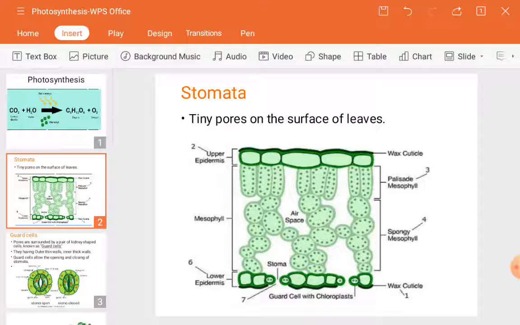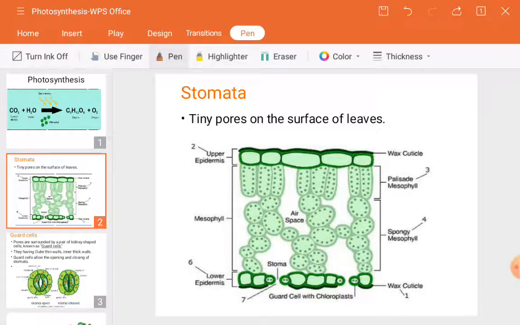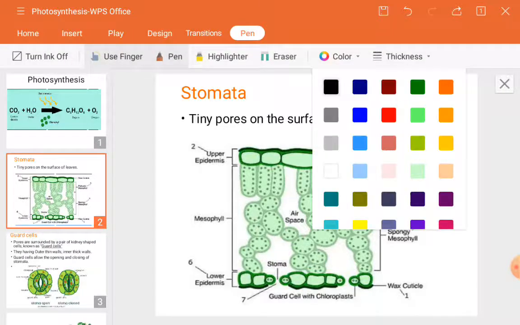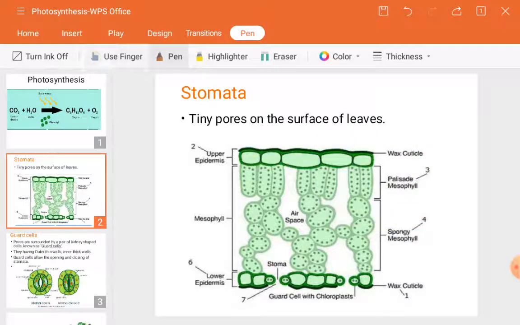So here I have shown you the structure of guard cells, or rather a leaf structure. Some important points. You can see here the stomatal cells are present here. The pores are small spaces on the leaf.